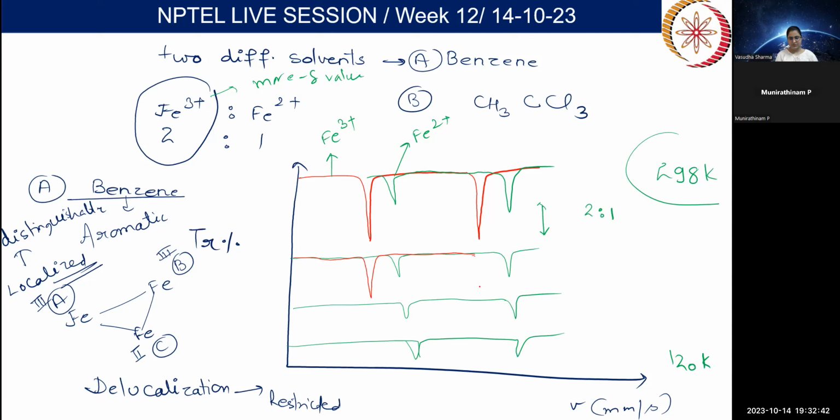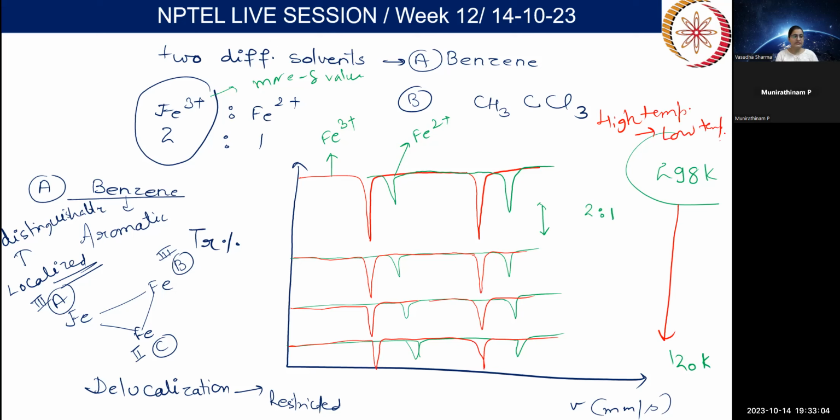So it has to be 2 times what we are getting for green trace.